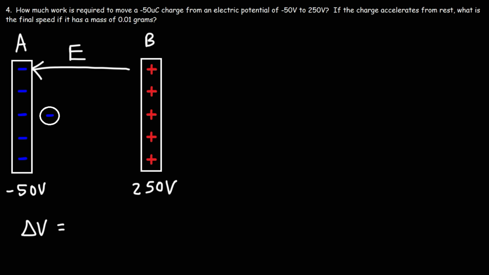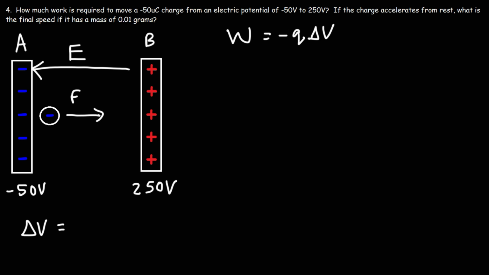But before we calculate voltage, let's write the equation for work. Work is going to be negative Q times the voltage. Now the negative charge is going to feel a force that will accelerate it in the direction opposite to the electric field. It's going to accelerate towards the positively charged plate.